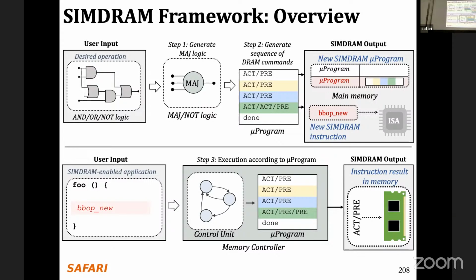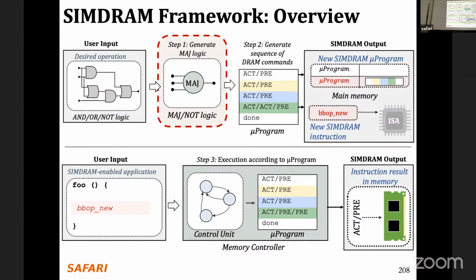The SIMDRAM framework is composed of 3 main steps. The first step takes a given computation, for example addition, and converts it into majority gates, because what we have when implementing a triple row activation using the DRAM activation command is the sense amplifier operating as a majority gate.